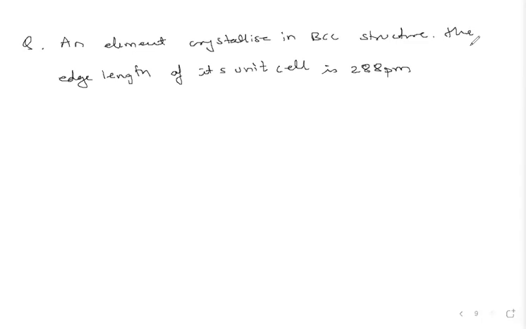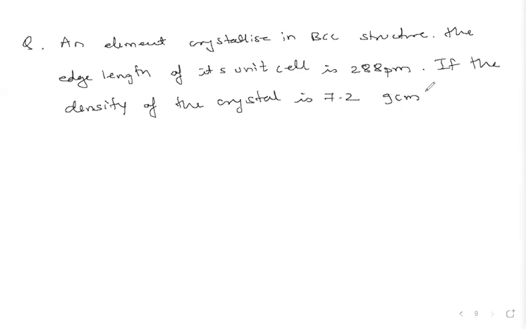If the density of the crystal is 7.2 gram per cm cube, what is the atomic mass of the element?